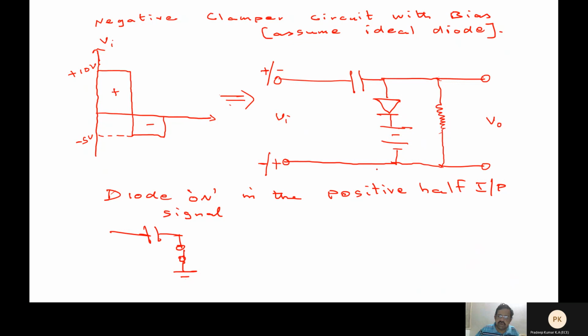This is again 5 volt. So when this is shorted, capacitor gets charged. So this will occur positive this side this time because the current flows in this direction. And here it is negative.